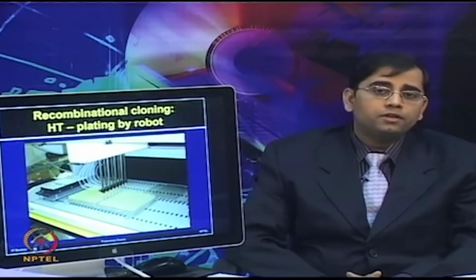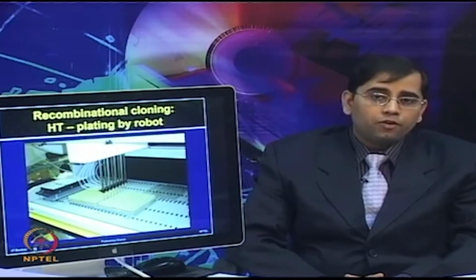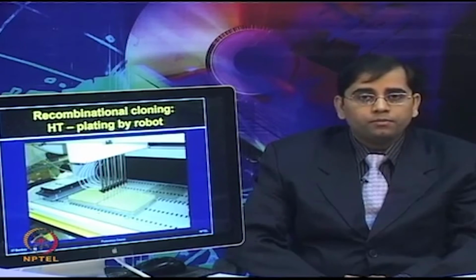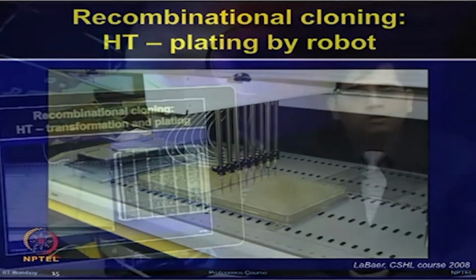Now, high throughput requirements also include plating for the transformation by robot. The bacterial transformation can be plated by robot onto custom designed bioassay dishes, which contain 48 compartments, as you can see in this slide, and these colonies can further be picked automatically by another robotic platform, which is a colony picking robot.